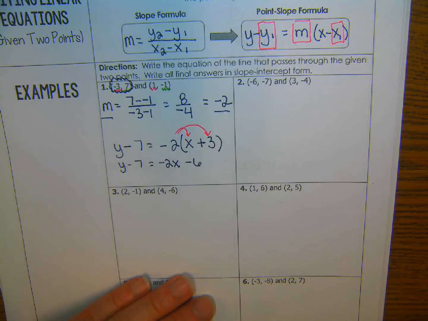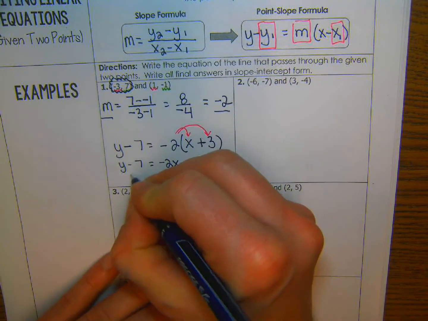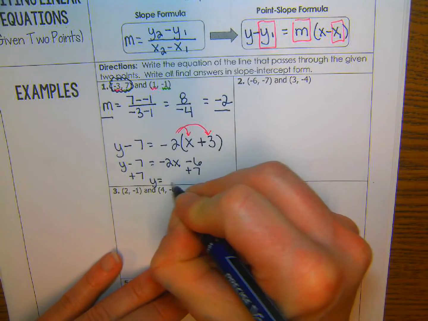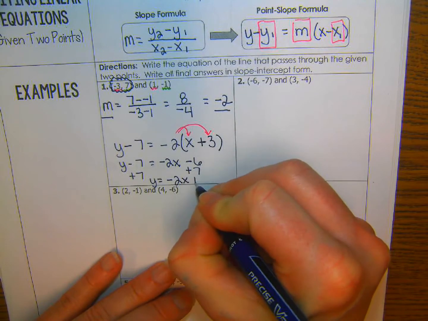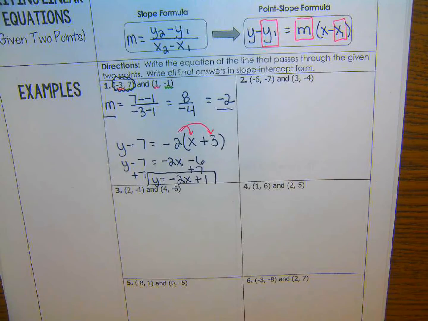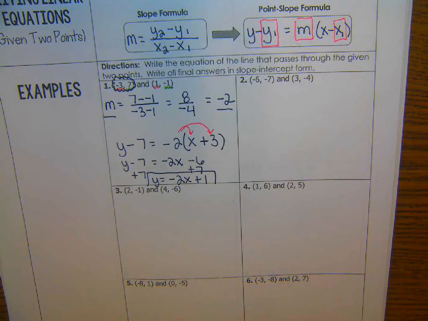Now, did you do it already? Yeah. You guys are fast. Okay. y equals negative 2x plus 1. Do you remember I told Olivia to pick? Hopefully you do. Negative 1. One negative wrong. 1.